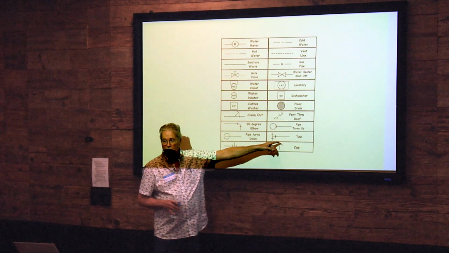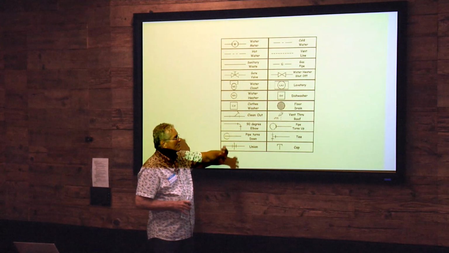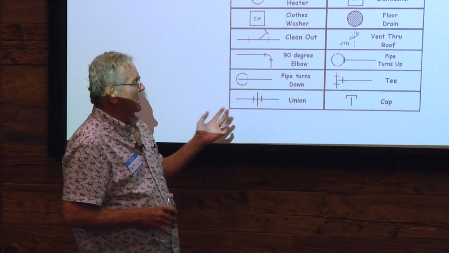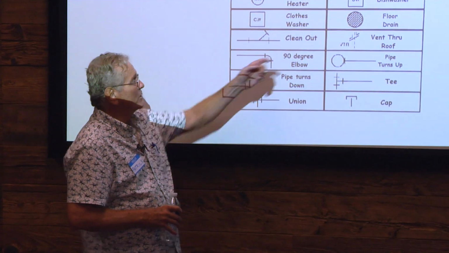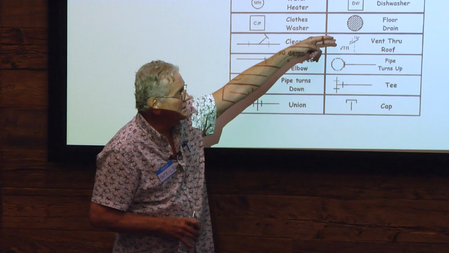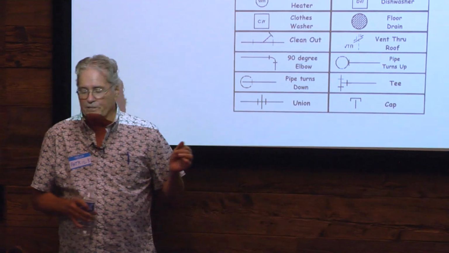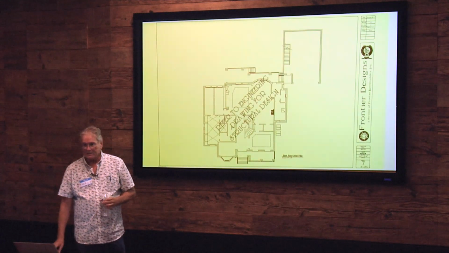And there's more things. When you get down to these ones down here, like T and cap. Okay, I'm glad they had a word there because that's not intuitive. So it's good to always know what's showing on your plans. I'll be surprised if you ever run into this union thing. Floor drain, absolutely. Vent through roof, not too often unless they're describing where your direct vent fireplace is going to go. Many times they'll put that direction on there. But again, that goes back to the communication.